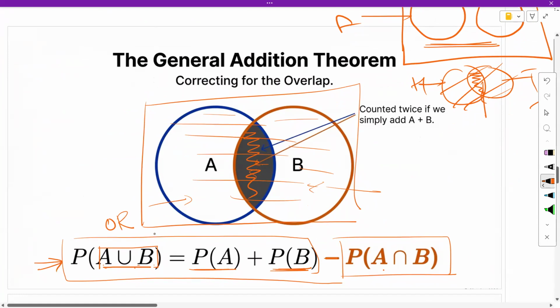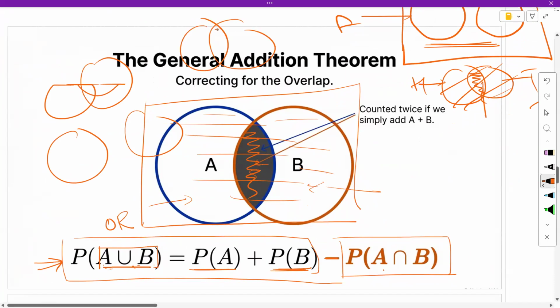Before you calculate the probability of A or B, we have to draw this diagram. If you have an intersection, you have to deduct it. If not, no need to deduct, even if you apply this formula, you will get 0, because there is no intersection.